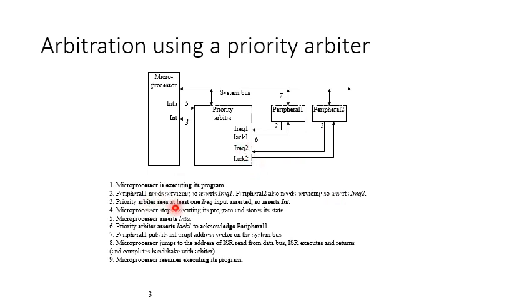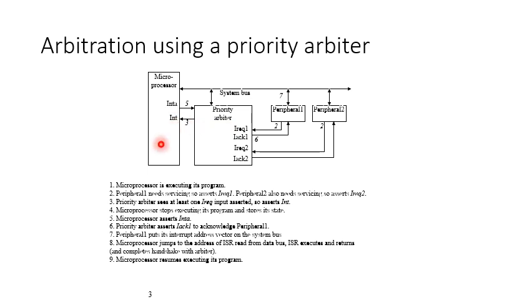The priority arbiter sees at least one interrupt request input asserted. Because the arbiter is seeing IRQ1 and IRQ2, it is going to ignore IRQ2, see only IRQ1, and assert the signal INT.